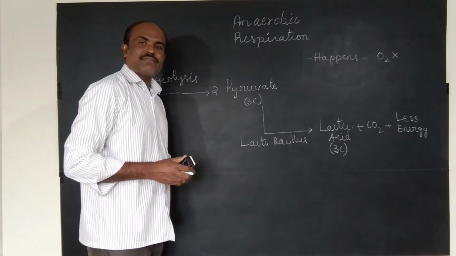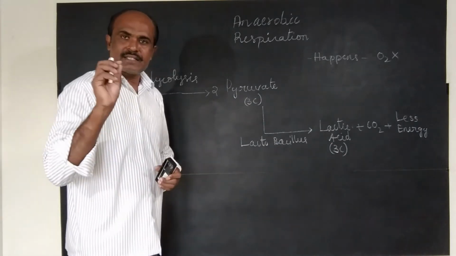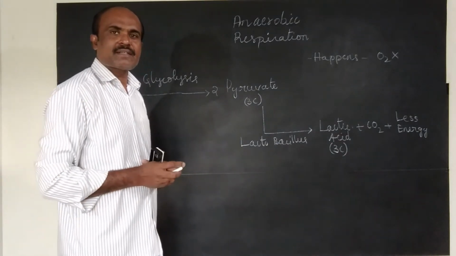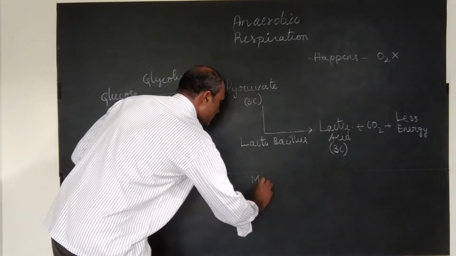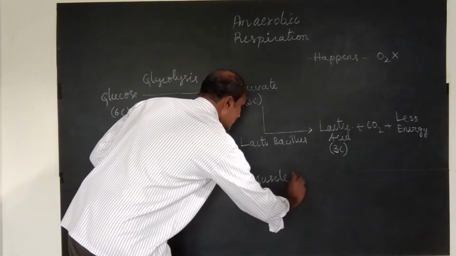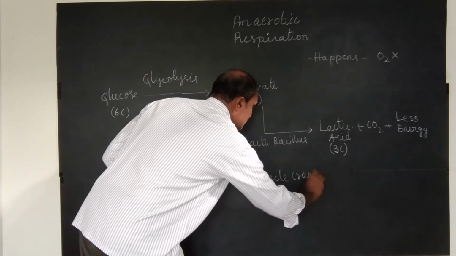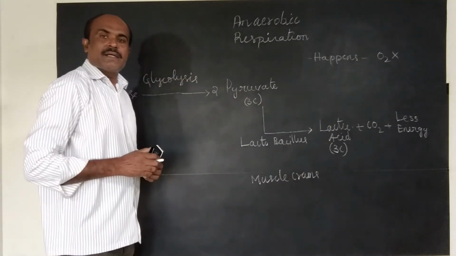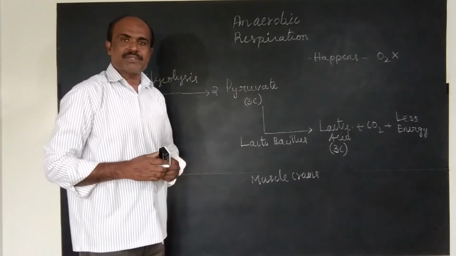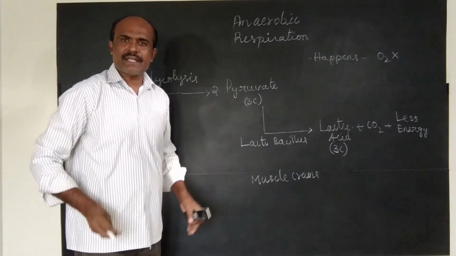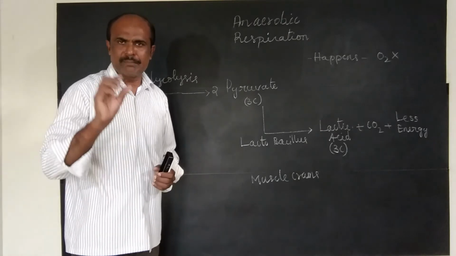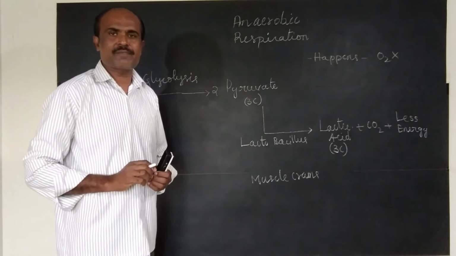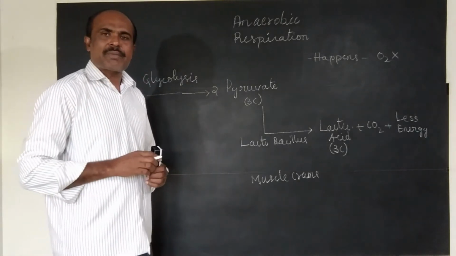Regarding lactic acid formation, let us understand an important thing, that is muscle cramps. Muscle cramps is intense pain in the muscles of legs, limbs, let us call collectively. How does it happen?